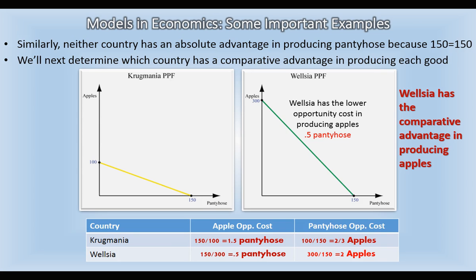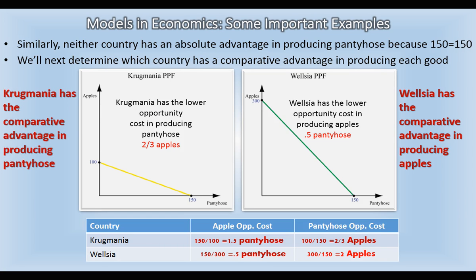To produce one pair of pantyhose, it only has to give up 2/3 apples. For Wellsia to produce a pantyhose, it has to give up 2 apples of production. So Krugmania has a lower opportunity cost in producing pantyhose, and Krugmania has the comparative advantage in producing pantyhose. Yes, question?